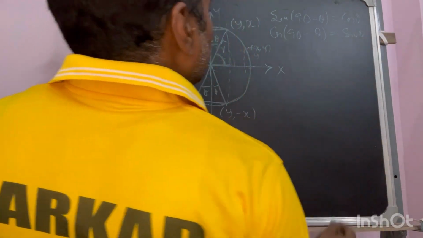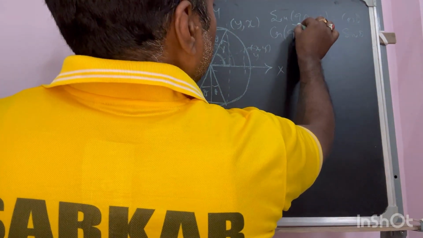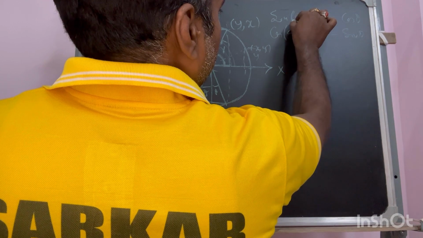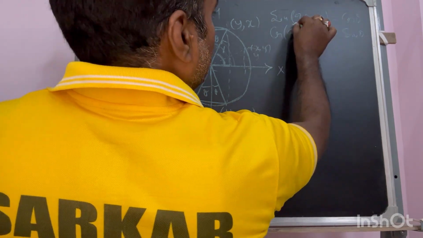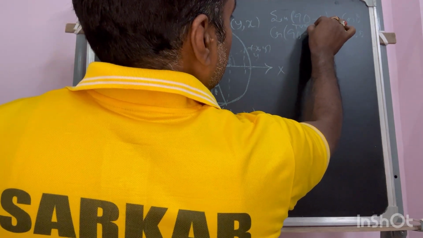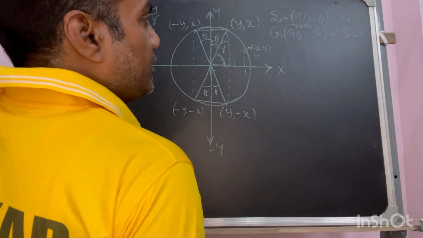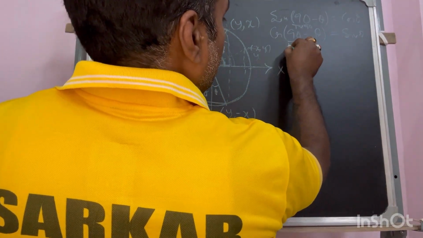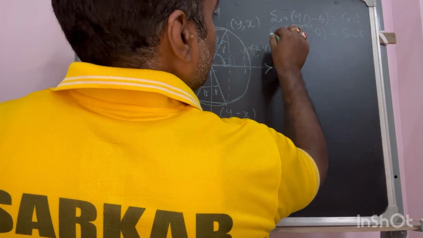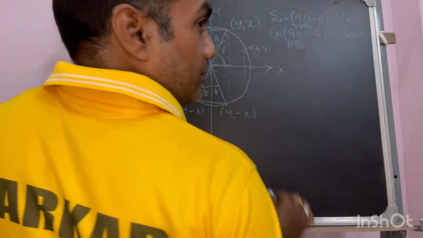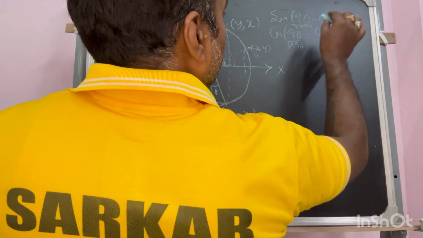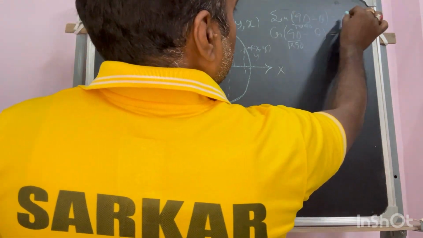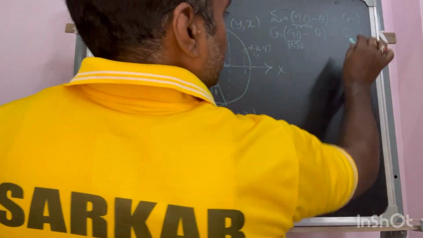Now in the earlier case, any even multiple of 90 was not changing. Now this is 1 into 90, which means an odd multiple of 90. Now see that the ratio sine is changing to cos. Similarly, if it is 1 into 90, the cos ratio is changing to sine. In the first coordinate all are positive, that means it will come with a positive sign.